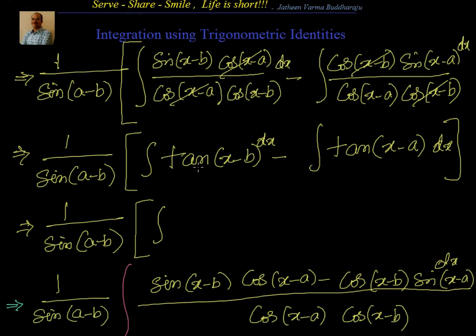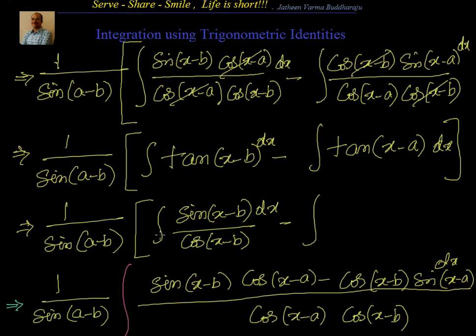So this is nothing but equal to 1 by sin of a minus b, then I have the integral of tan x, which is minus log cos x. How we got it, I'll write it down here and show it to you. Can I say sin of x minus b by cos of x minus b dx? I should have kept it like that only, but to explain it to you I am going back.